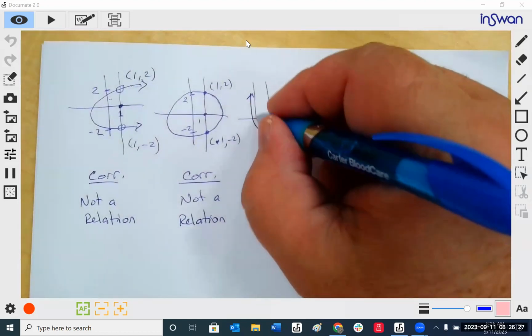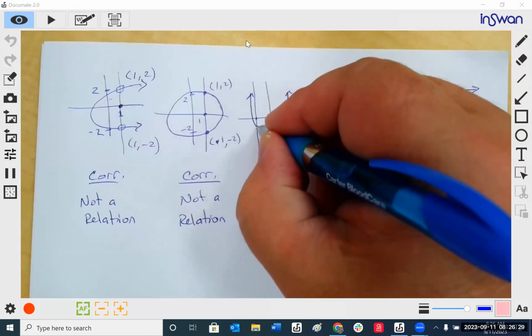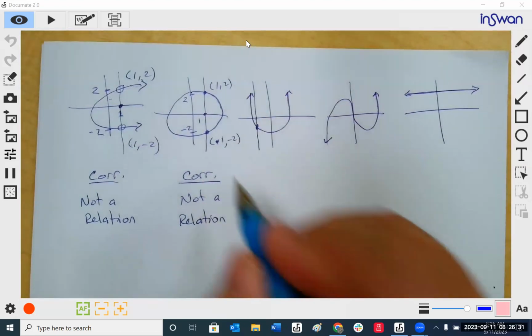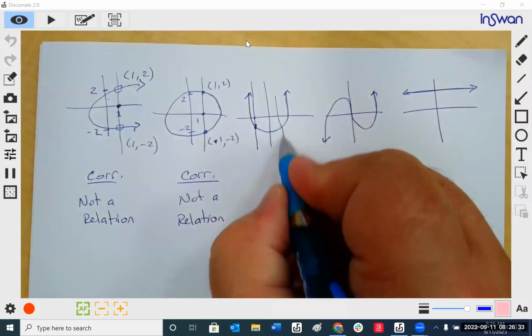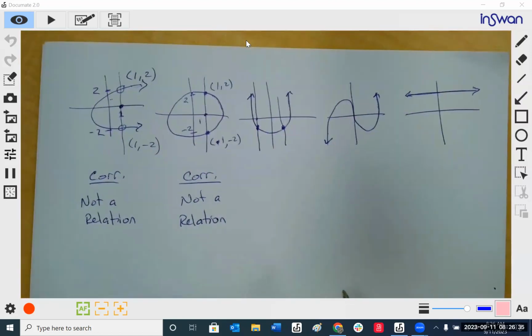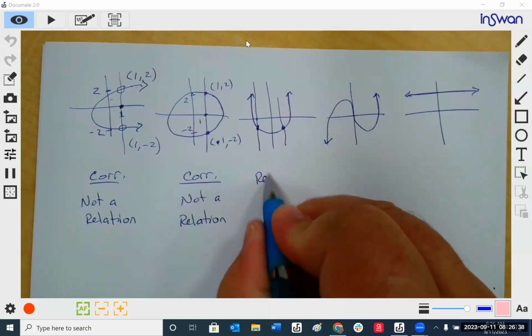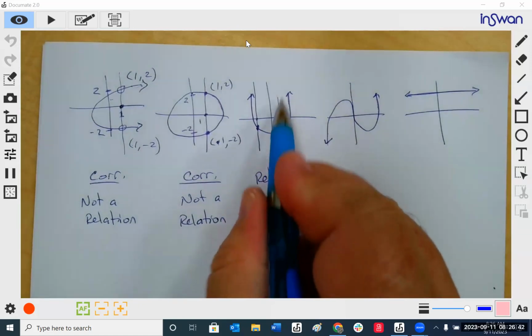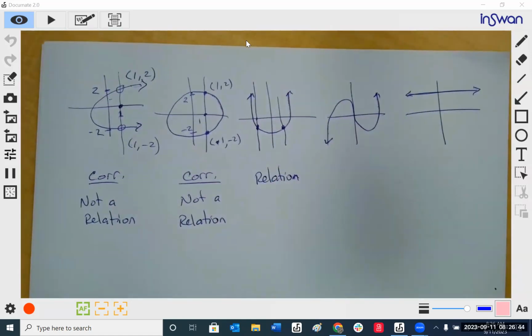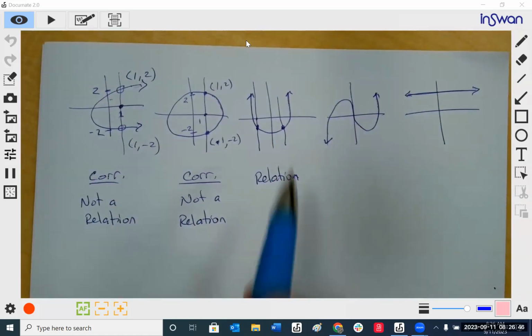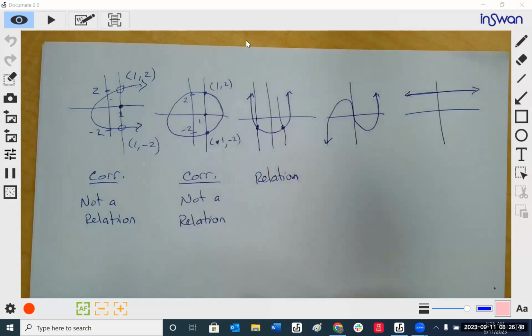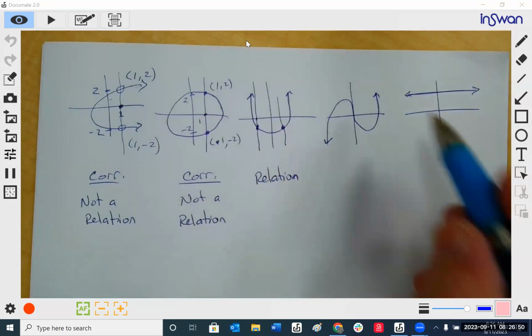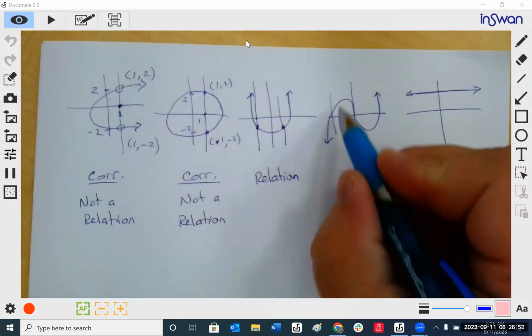If we draw a vertical line anywhere, there's no other point. So this is a relation. Because for any vertical line we draw, any x value we pick, there's only one y value that it corresponds to. How about the cubic function?